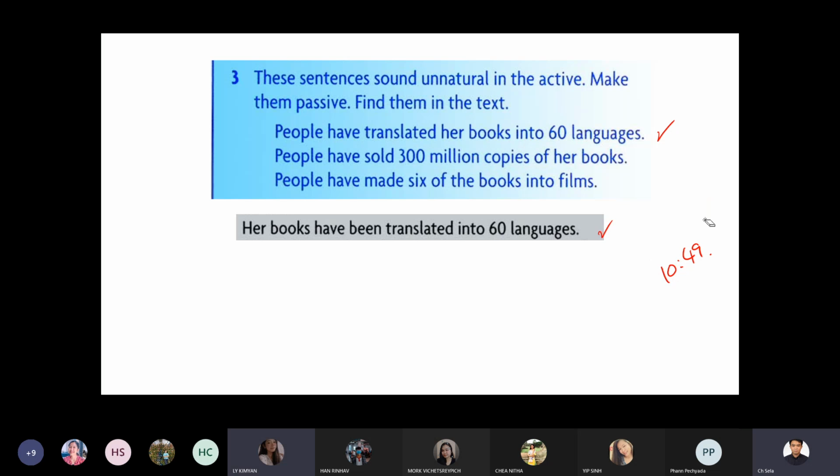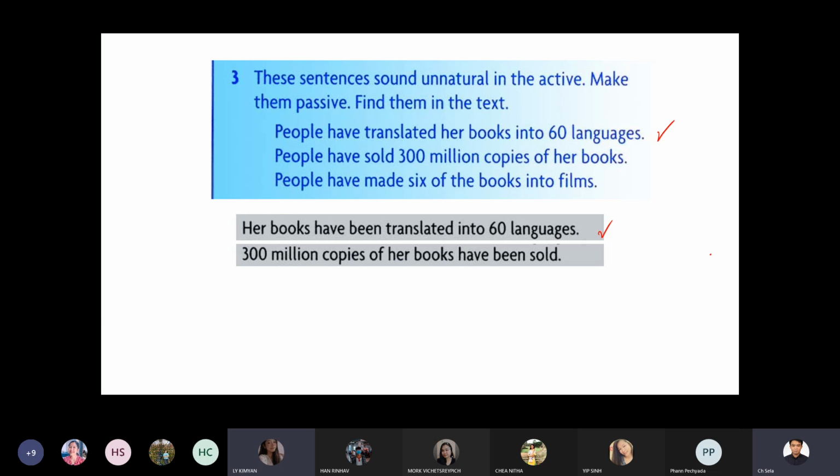I think number two, her book have been sold 300 million. Okay, you can say 300 million copies of her books have been sold. Have been sold. Okay, all right.